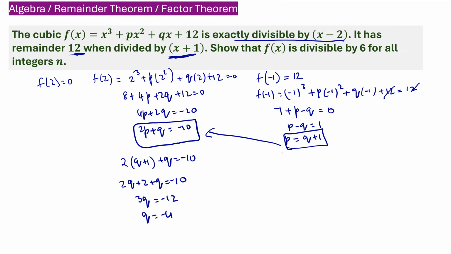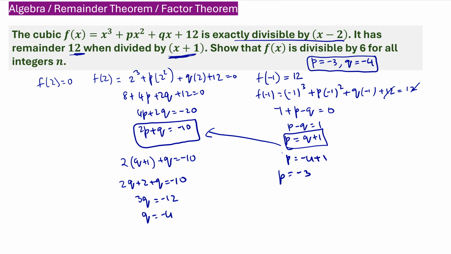So if q is minus 4, p is minus 4 plus 1, that is minus 3. So we get from the first two parts of the question that p equals minus 3 and q equals minus 4.